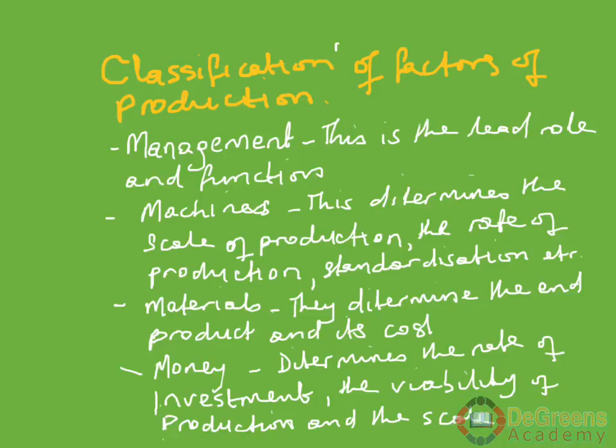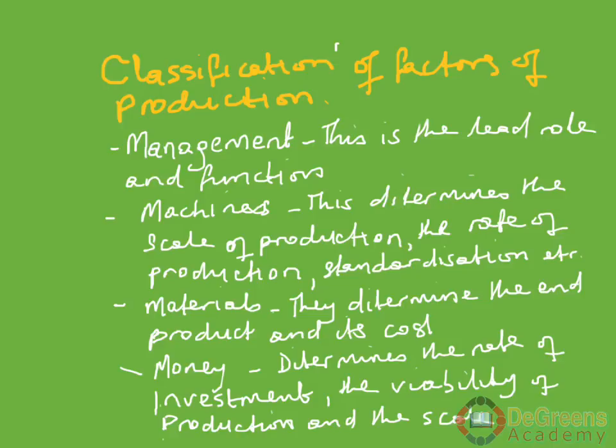Then, the other factors, you have machines. Machines, these determine the scale of production, the rate of production, standardization, etc. It means that if you are producing with your bare hands, production will be slow. If you have machines, the type of machine determines the speed at which you are going to operate, determines the quality of product that will come out.